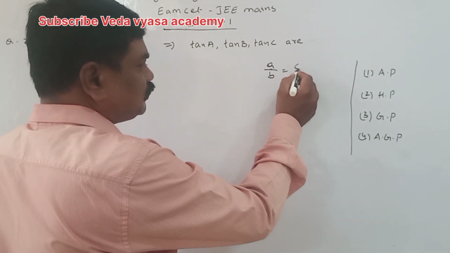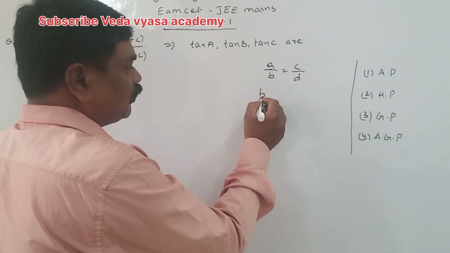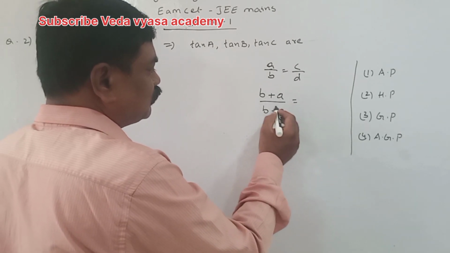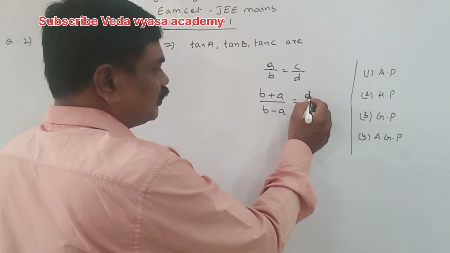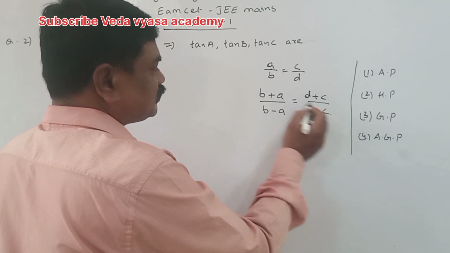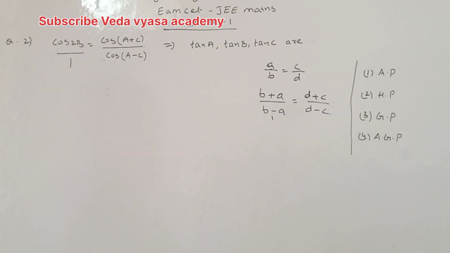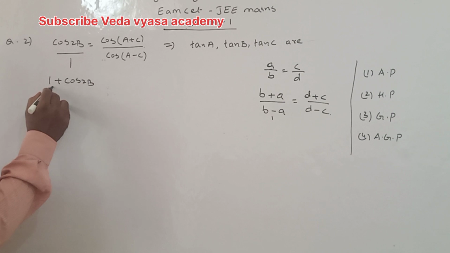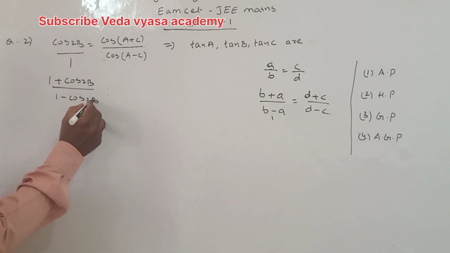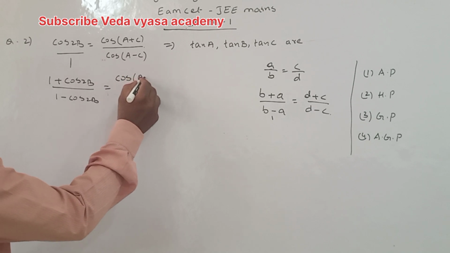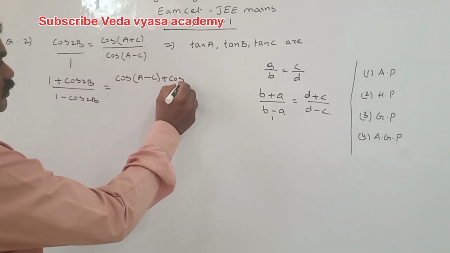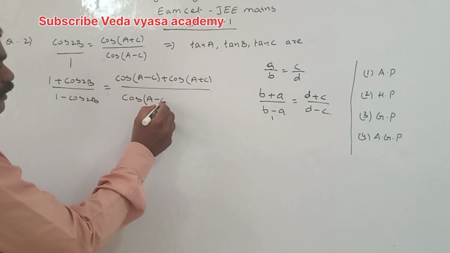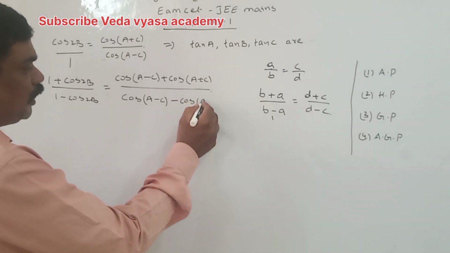If a by b is equal to c by d, then (b+a)/(b-a) is equal to (d+c)/(d-c). So we use (1 + cos 2B)/(1 - cos 2B) is equal to (cos(A-C) + cos(A+C))/(cos(A-C) - cos(A+C)).